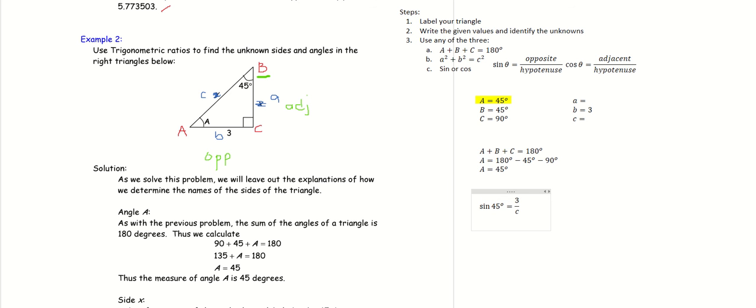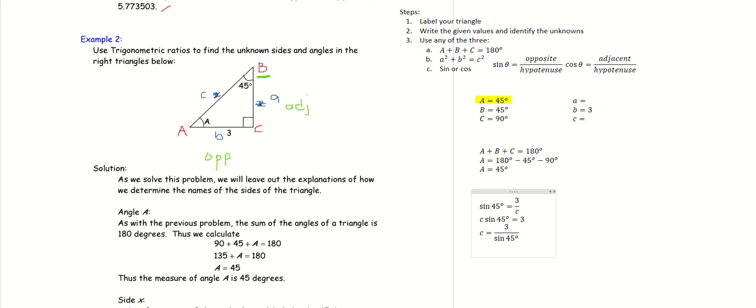And again, by cross multiplication, we have C times sine 45 is equal to 3. And then dividing both sides by sine 45, we have C is equal to 3 divided by sine 45 degrees.